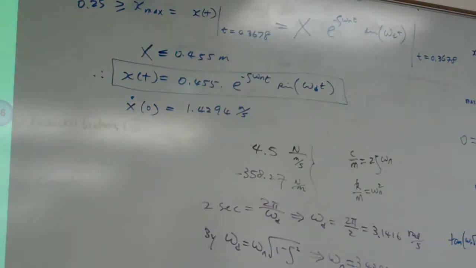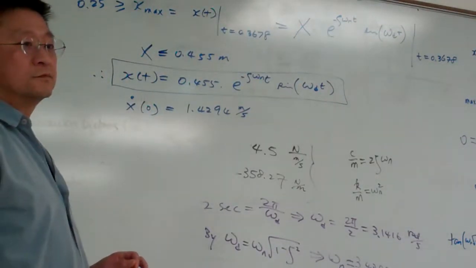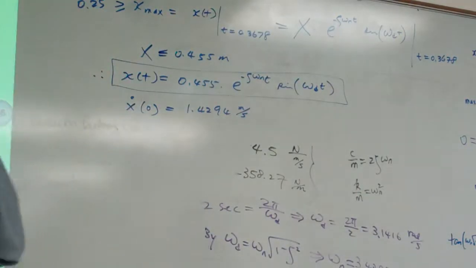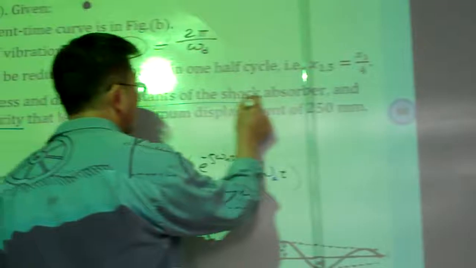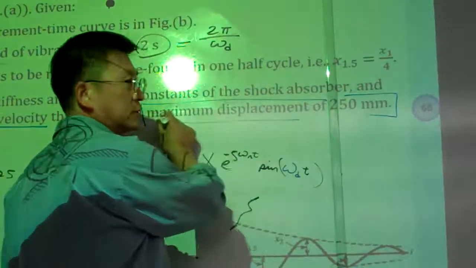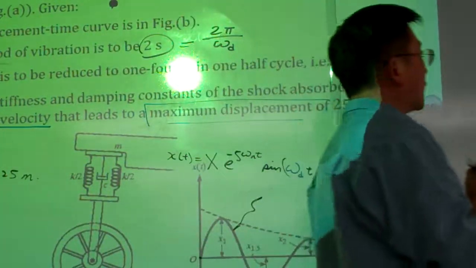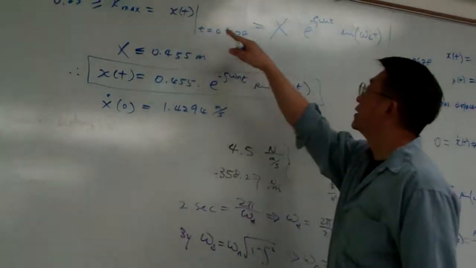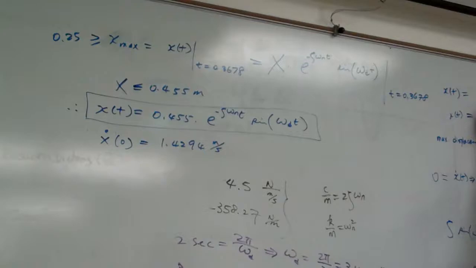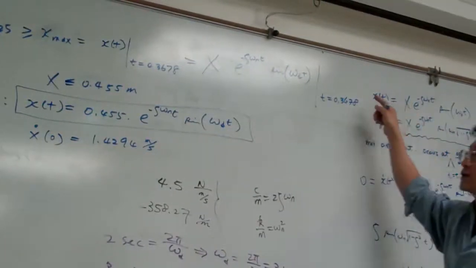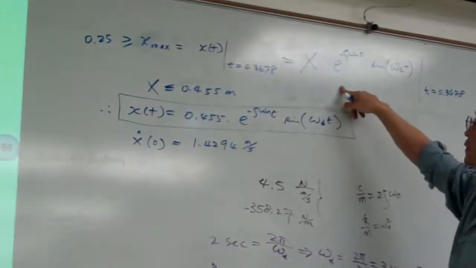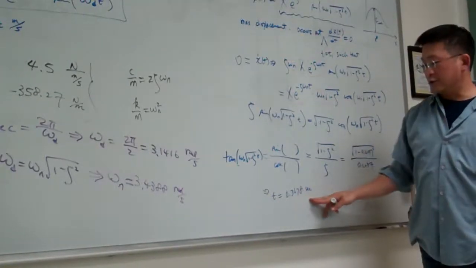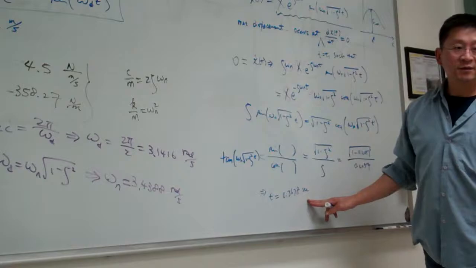Yes. Where did you figure out the capital X? Capital X is this, because here we're requiring the maximum displacement equal to these numbers. Yeah. Okay. So we know our response, x of t equal to this. And we know from this calculation the maximum displacement occurred at this moment.